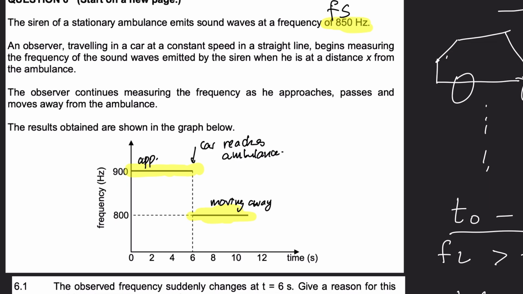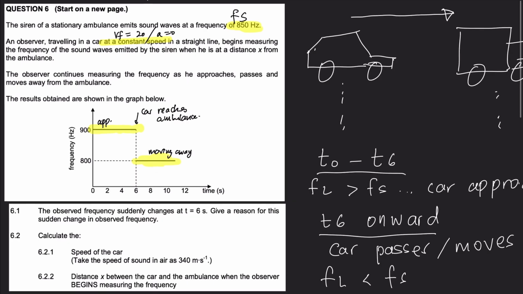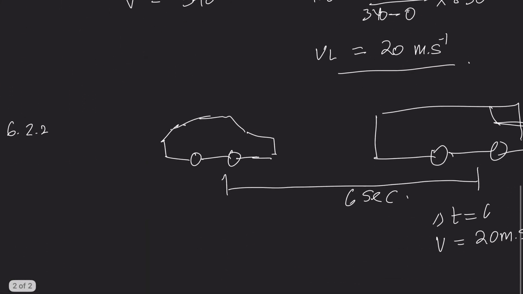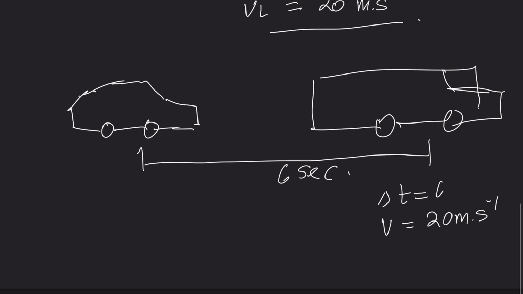They tell us that an observer traveling in a car at constant speed. So in other words, VF is also going to be 20, or we could say A is going to be 0. So we have more than enough quantities to work out the value for x.